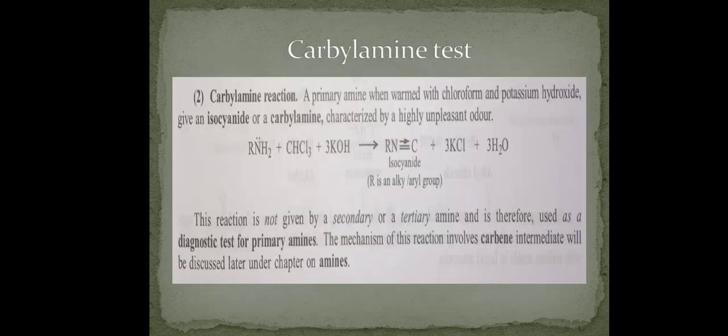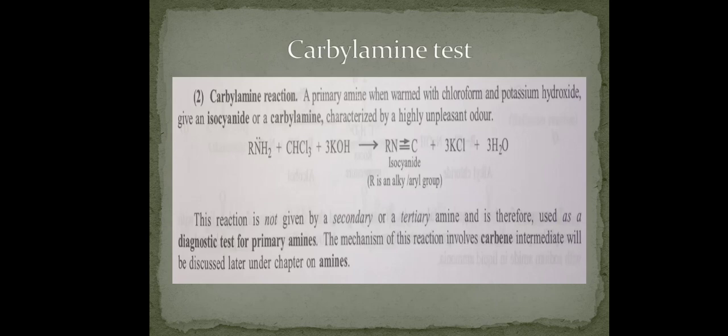Carbylamine test. Carbylamine test is done for a primary amine group. In this test, we take primary amine and warm it with chloroform and potassium hydroxide. The resulting compound is an isocyanide, or we call it a carbylamine.